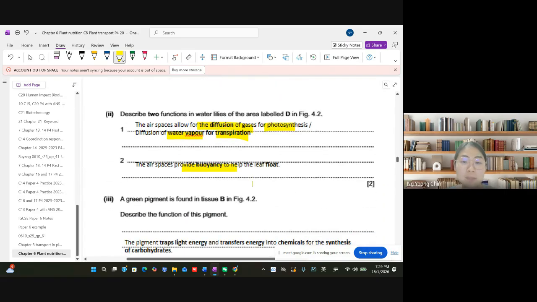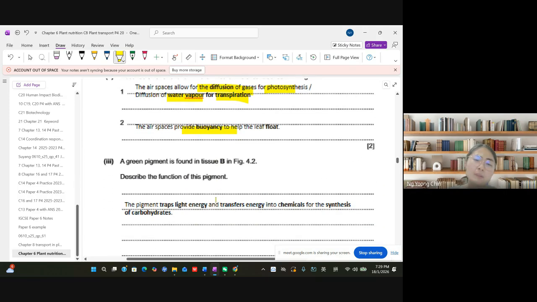Then, green pigment found in the tissue B. The green pigment refers to chlorophyll, because only chlorophyll is known as a green pigment. They do ask about the function of chlorophyll.